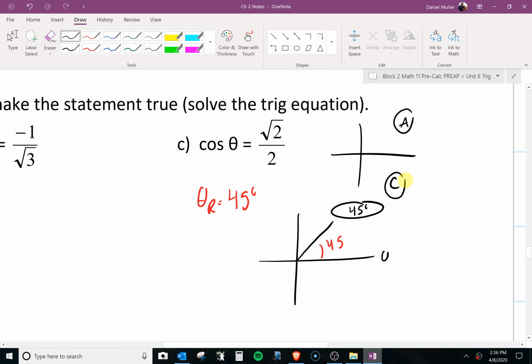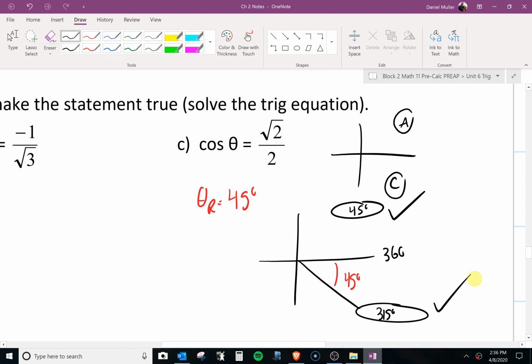So one of the answers is 45 degrees. But I'm also in this bottom quadrant right here. And I know from the chart that this would have been 45 degrees. And I've labeled this as 0, but I'm now going to label this as 360 just because I've gone all the way around. So I'm labeling this as 360, and this would have been 45 degrees. Well, what would this angle have been? 360 minus 45, 315 degrees.